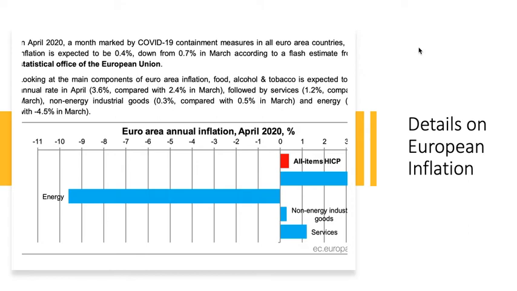So food, alcohol, tobacco saw an annual rate increase of 3.6% in April. So there seems to be a boost in inflation in the European zone for food costs, which kind of makes sense. Food production in much of the world has been interrupted because of the virus.